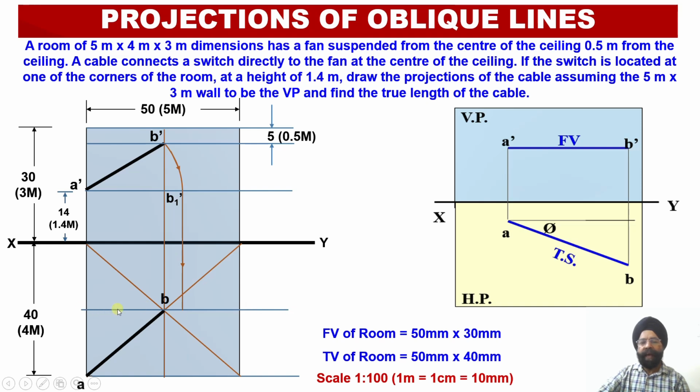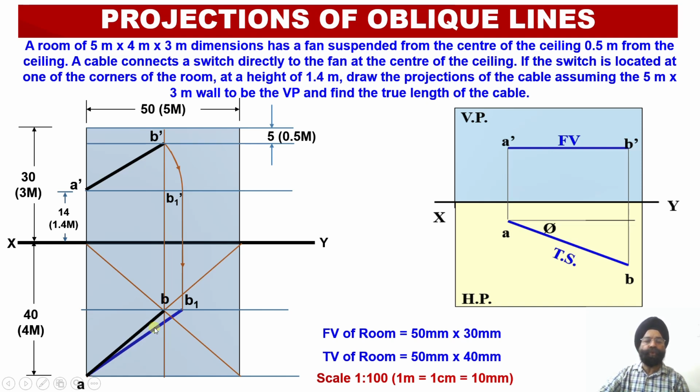And the moment I extend this vertical projector up to the locus line of the point B corresponding to this point B1 dash, I will be able to obtain point B1, and this point B1 when I join with point A, so I'll be joining these 2 points A and B1 using a blue line which is going to distinguish it from the apparent length which was drawn by using a black line.